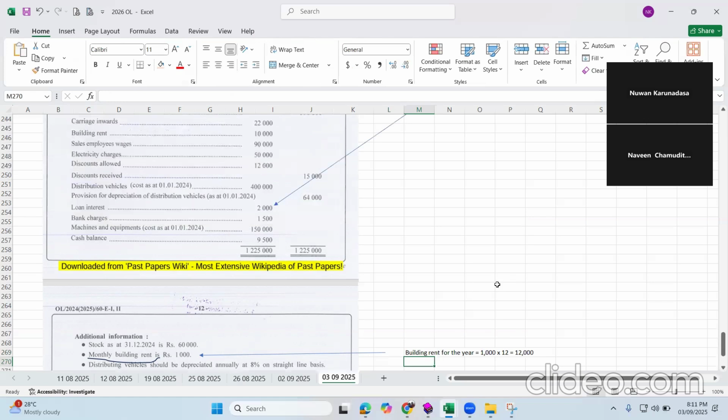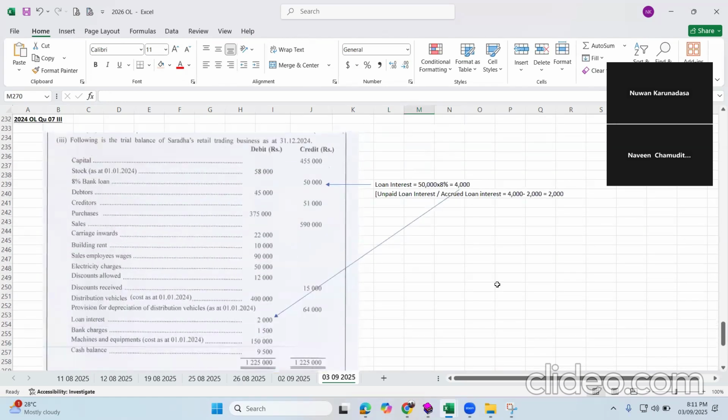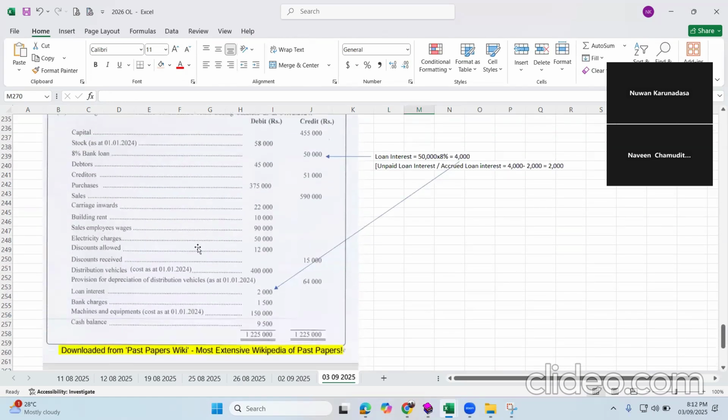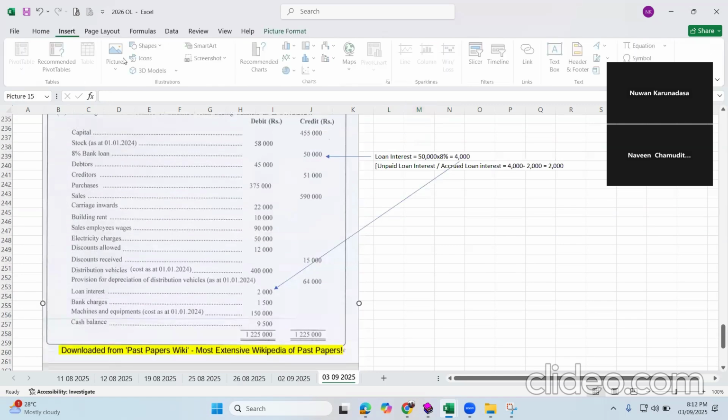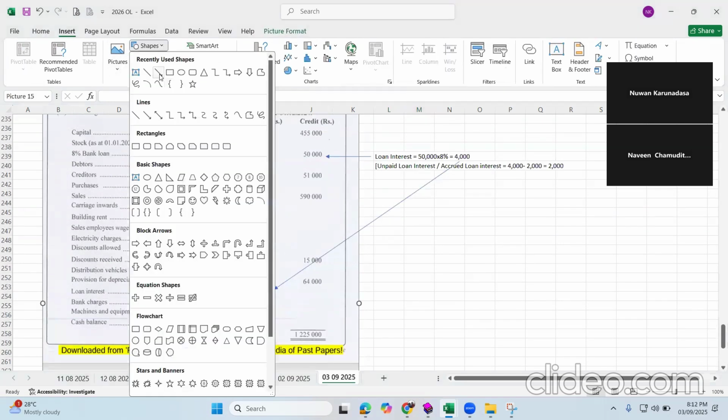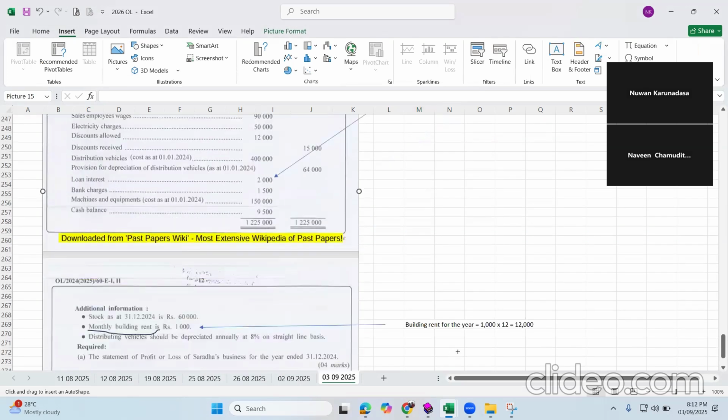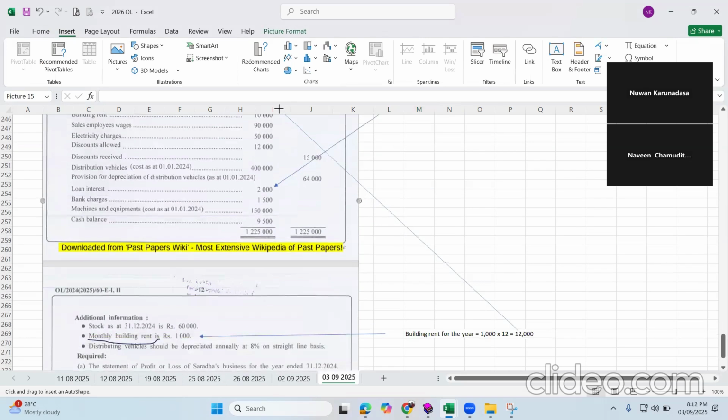If you cross check how much building rent they have paid in the trial balance, just look at it. Building rent they have paid only how much? 10,000.